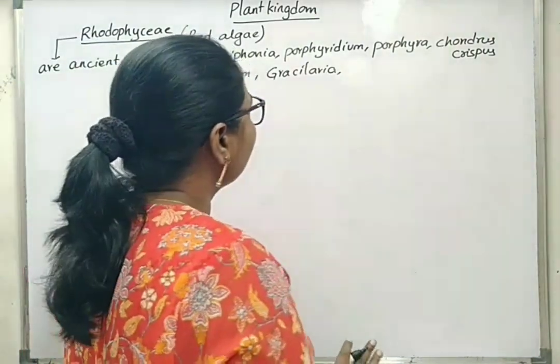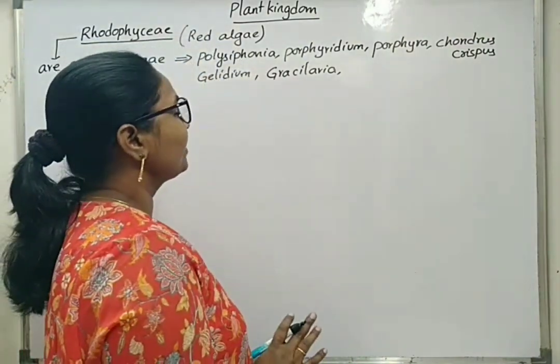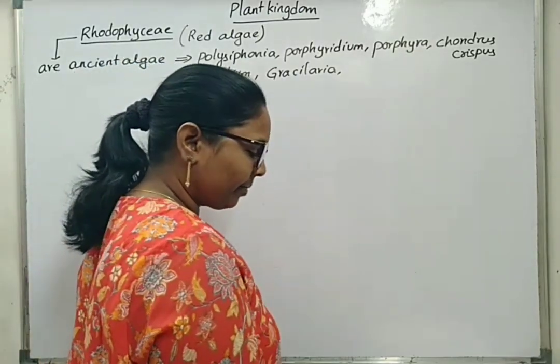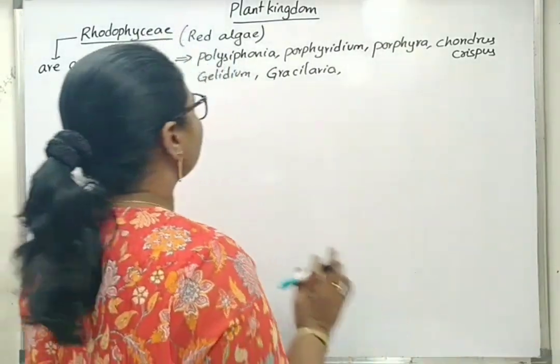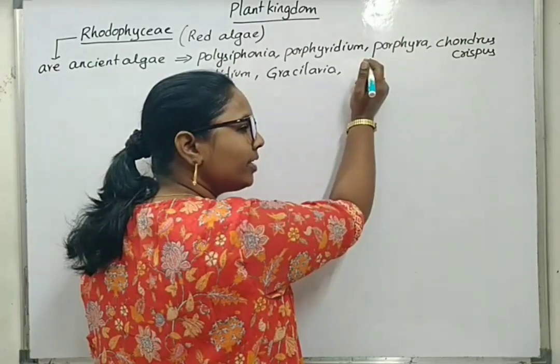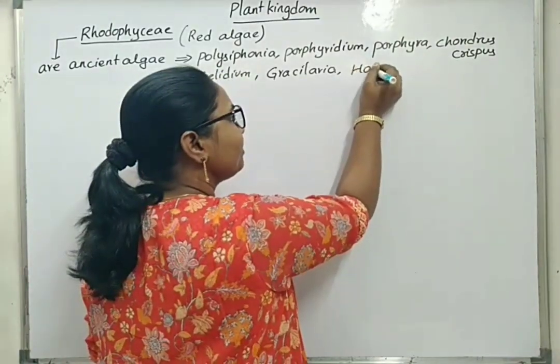So Polysiphonia, Porphyridium, Porphyra, Chondrus crispus. Next, one example which is not given in NCERT is Harveyella.